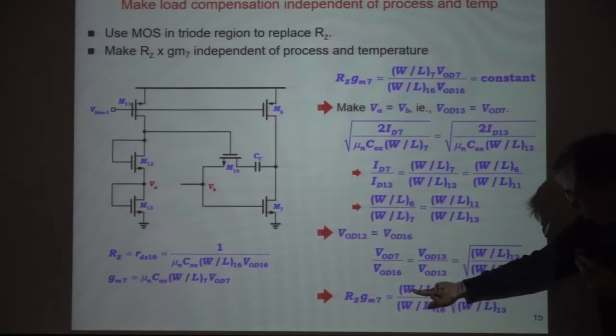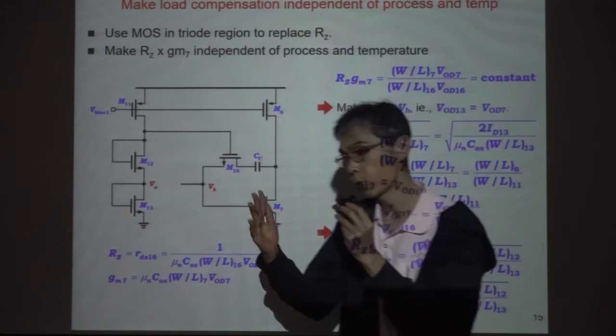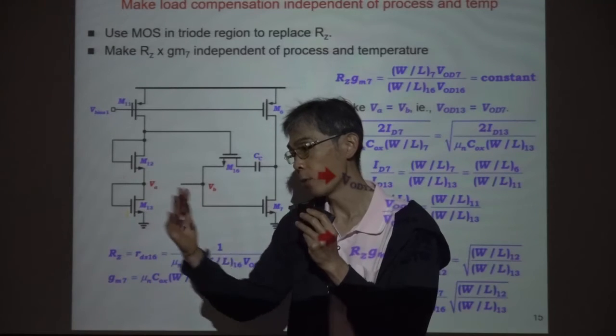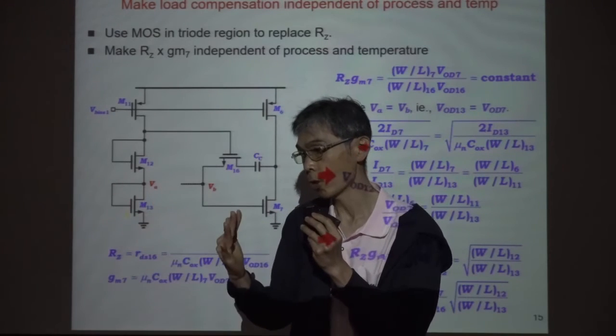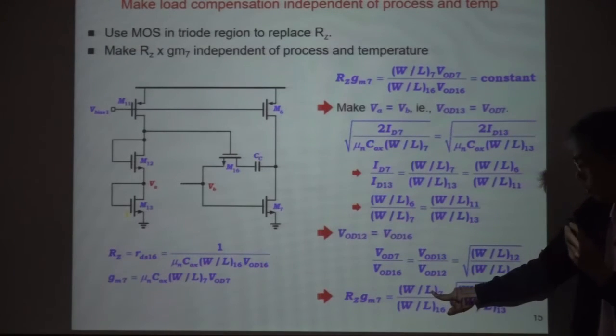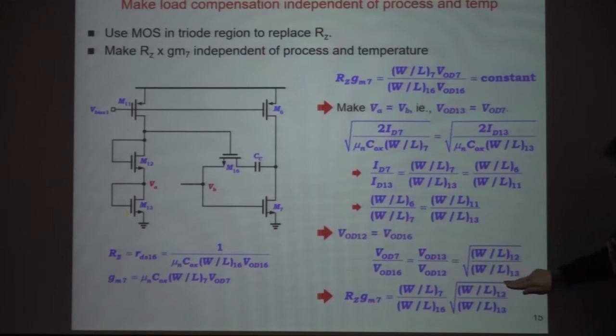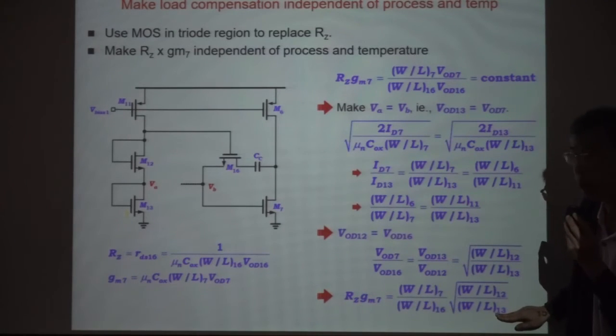If there is a temperature change, they will become long together and short together for the W and L. So if you do this, in the end you will derive this one, which means your device is temperature independent.